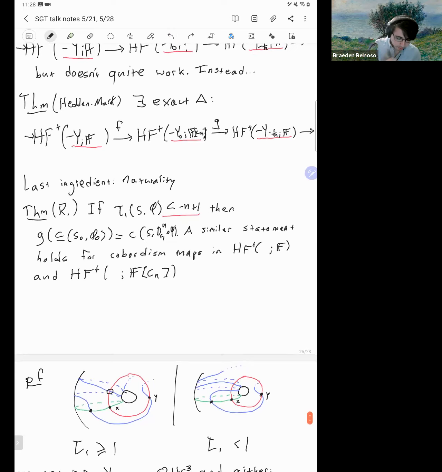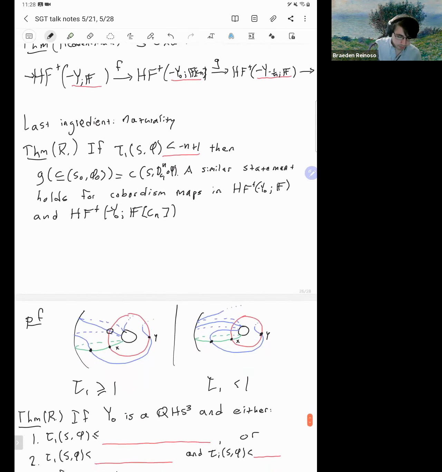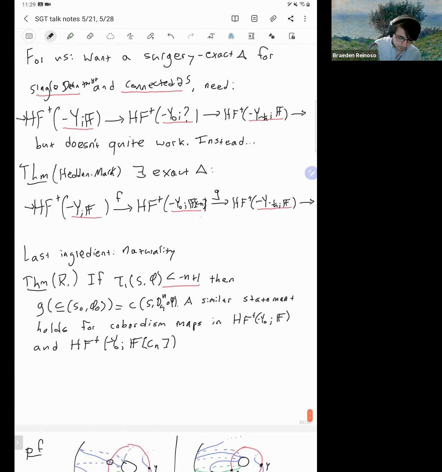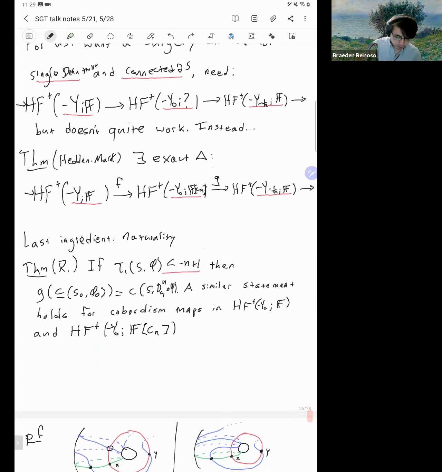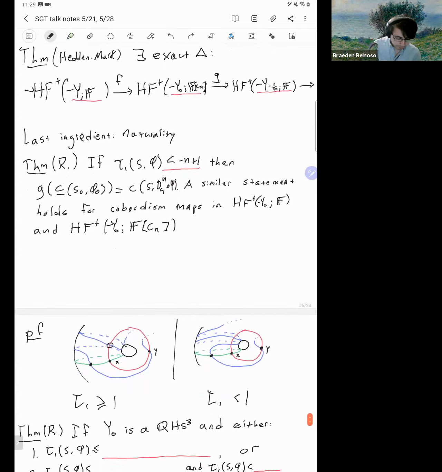Okay, so a similar statement also holds for cobordism maps and just HF plus of minus y with F coefficients and FCN coefficients as well. So you don't need to be looking at this kind of mixed map from FCN coefficients to F coefficients. It's natural under any of the maps, is the point.